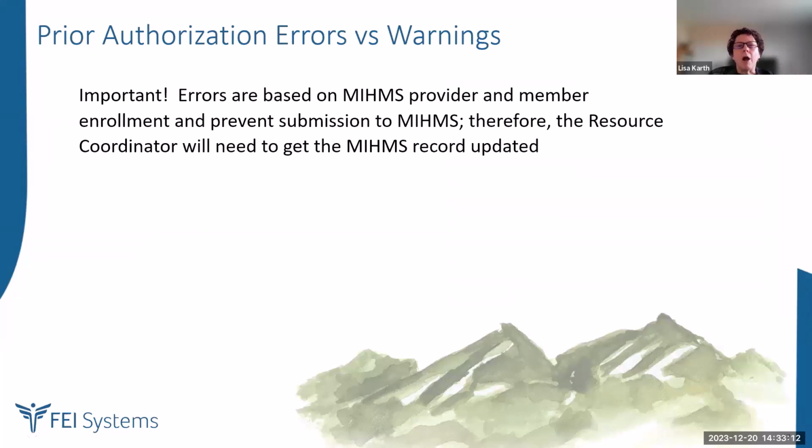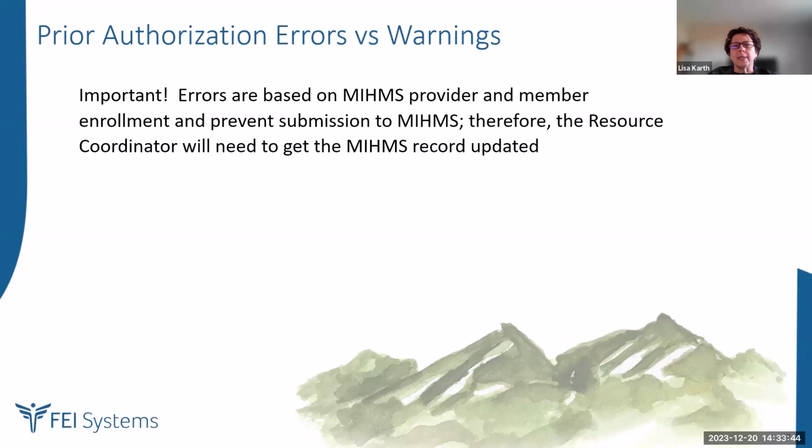Now, there are errors that are based on MIMS criteria. And so there's errors and warnings. Errors indicate something is wrong that has to be fixed. They're a hard stop. You can't move forward. Warnings are messages that let you know that there's conditions that haven't been met, and you can make changes, and you can still move forward with the prior authorization if you want.